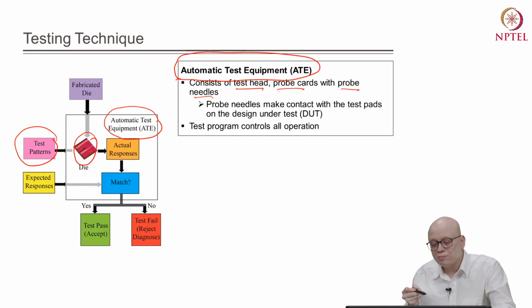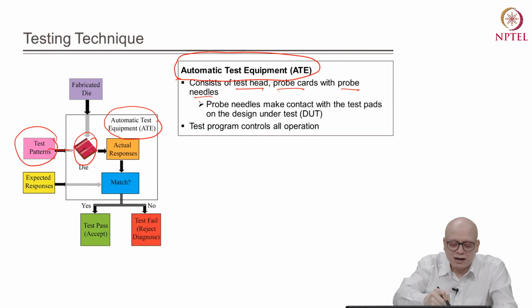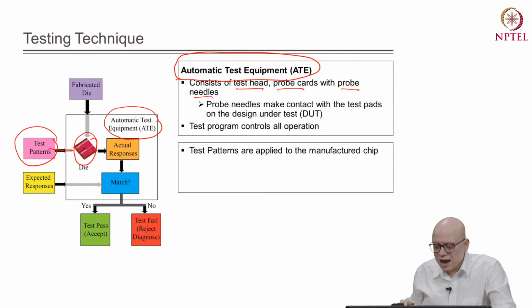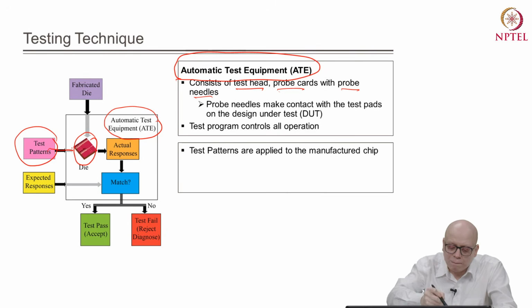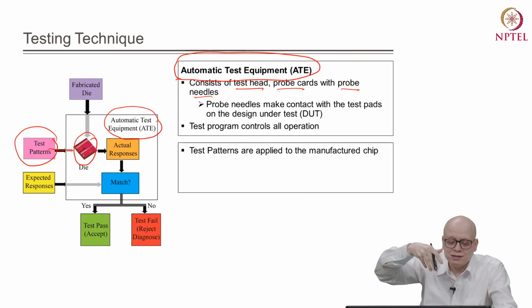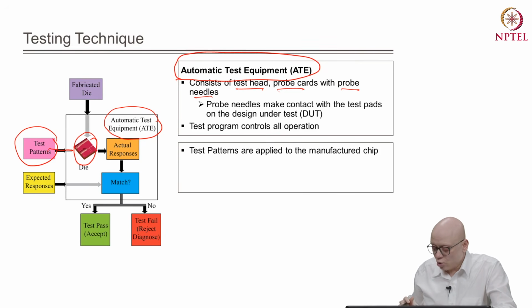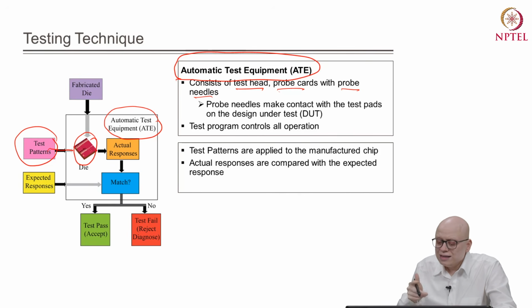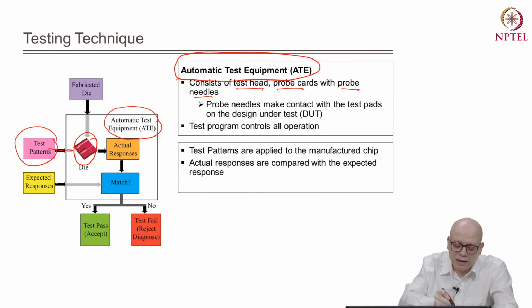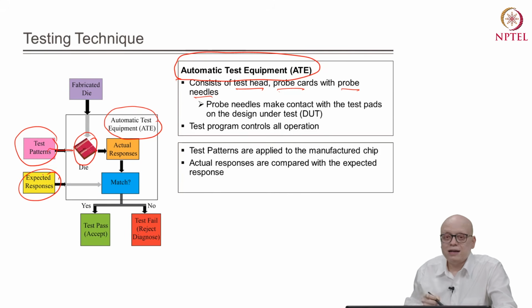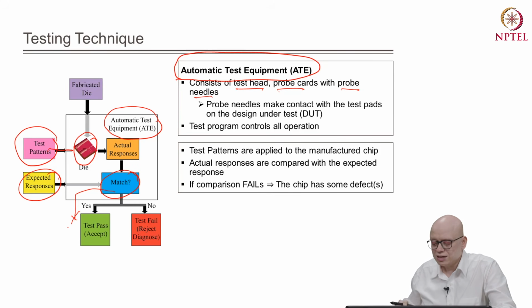What does this test program do? It will load the test patterns, and these test patterns will be applied to the die through the test needles, and then it will observe the response again through those probe needles, and the actual responses will be compared with the expected response. If they match, then we say that it has passed the test. If they do not match, then we say that it has failed the test.